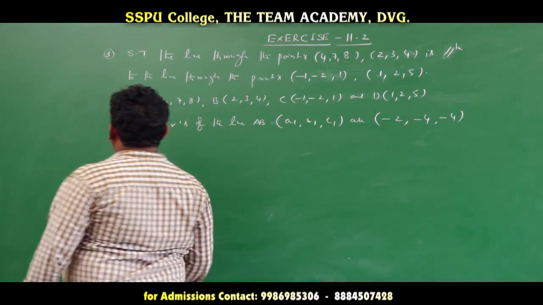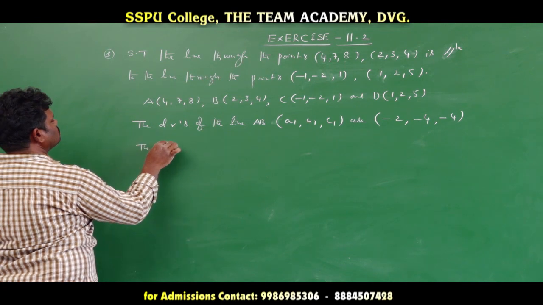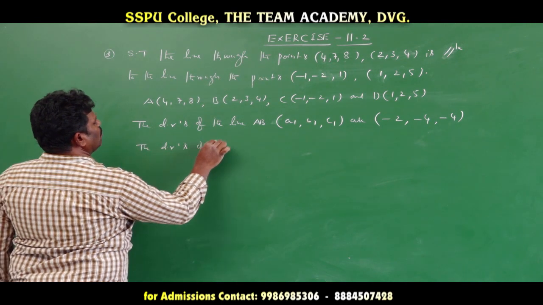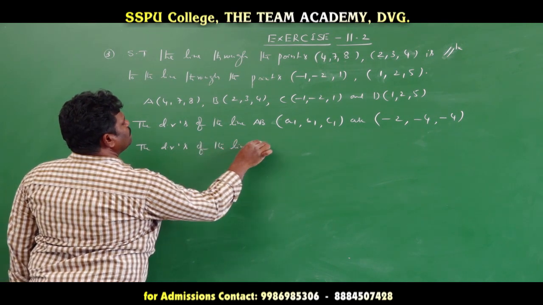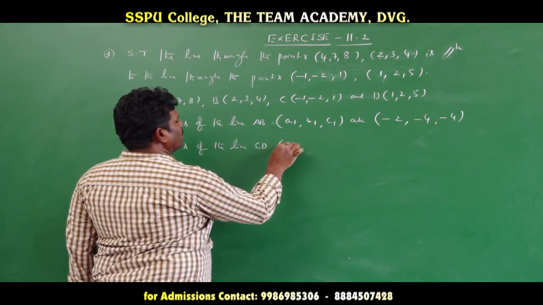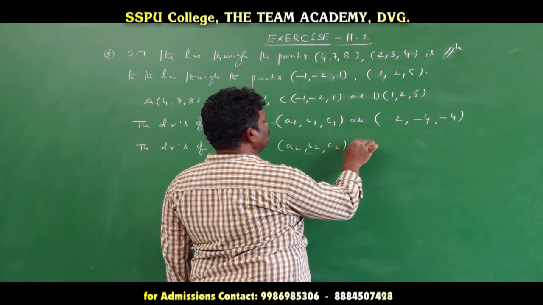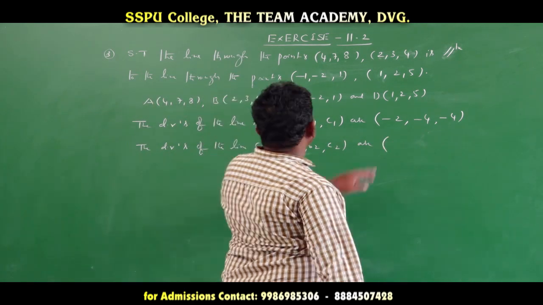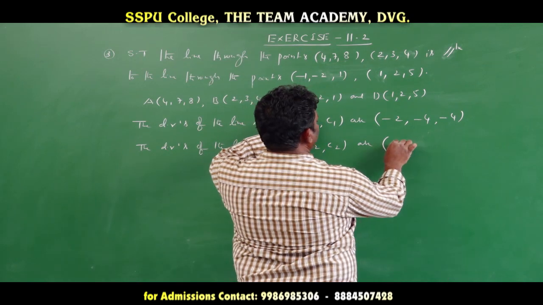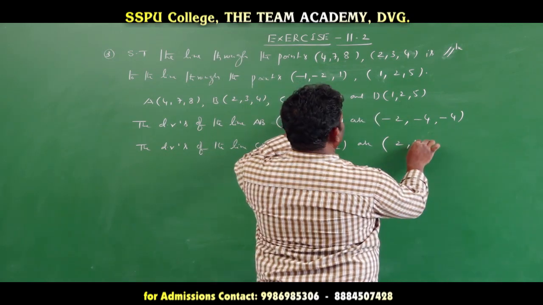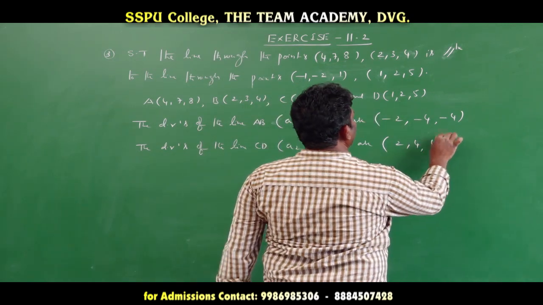Next, again the direction ratios of the line CD, A2, B2, C2: minus 1 minus 1 is minus 2, 2 minus 2 is 4, 5 minus 1 is 4.